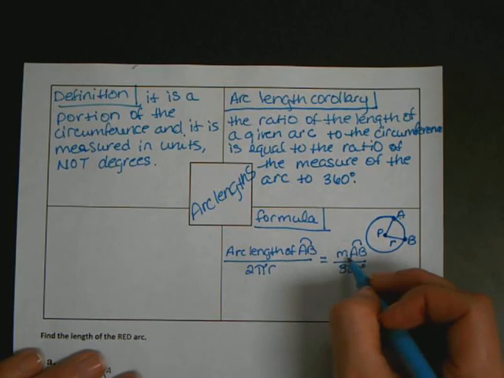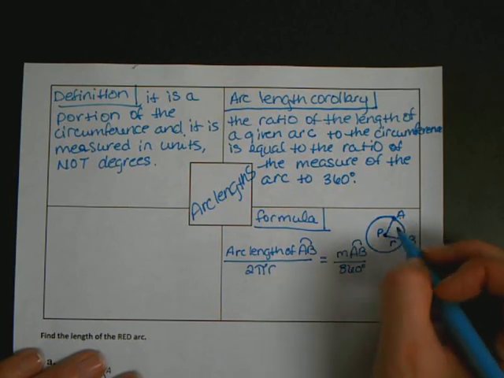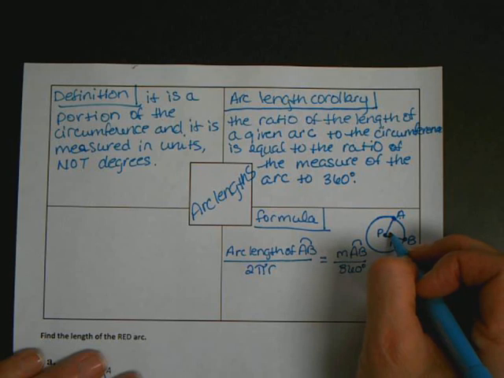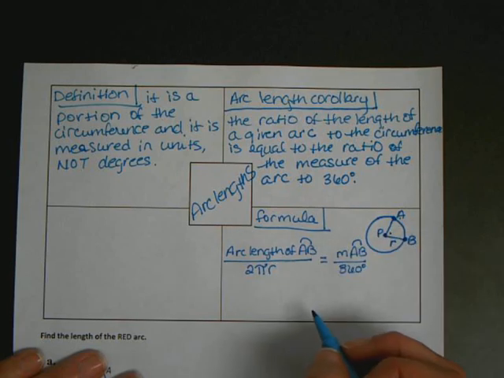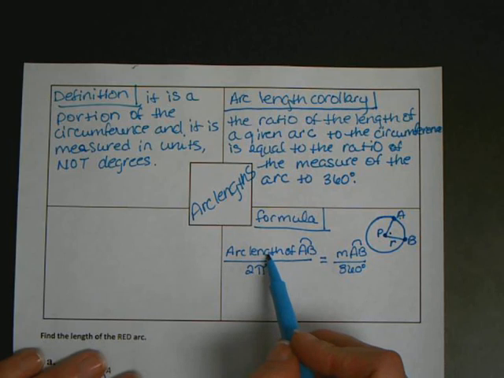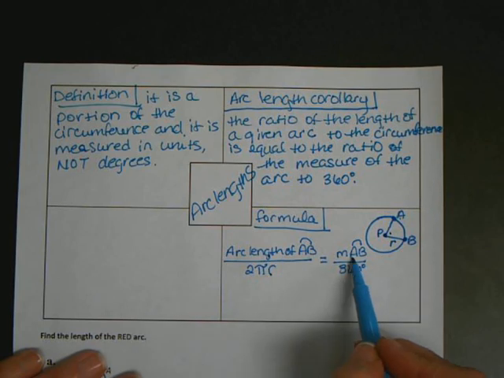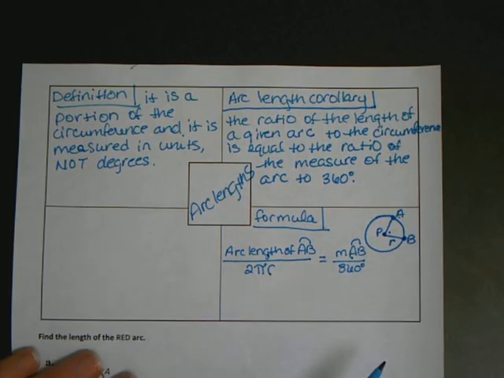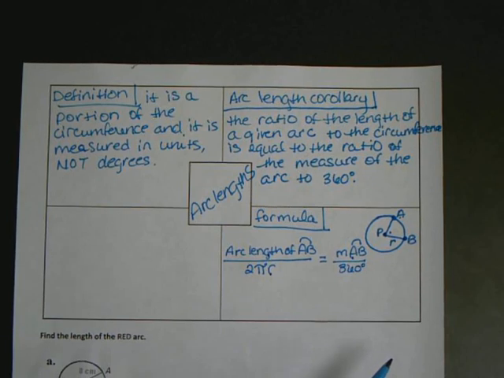And by the measure of arc AB, that's the degree of the central angle right here. So this is just a proportionate ratio that we're going to use. If I'm trying to find this part here, this is my unknown, that's an x. I would plug my value in for my radius here and the degree of my central angle here.